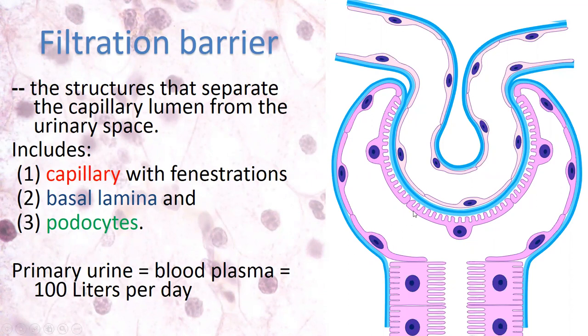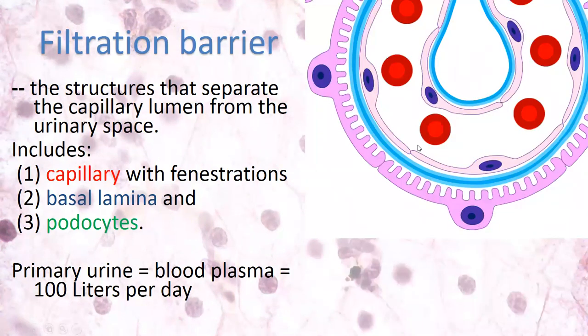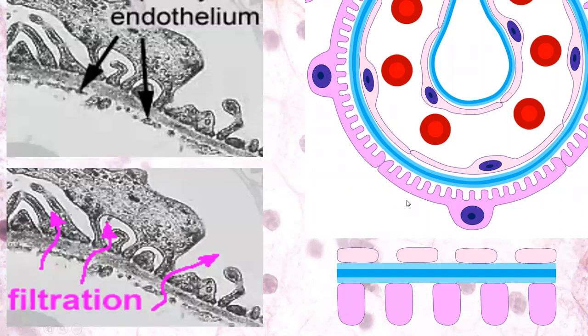And it provides filtration of blood plasma, and about 100 to 180 liters of primary urine is produced per day. And here we can see the filtration barrier: endothelium, common basement membrane, and podocytes, the three main components of the filtration barrier.